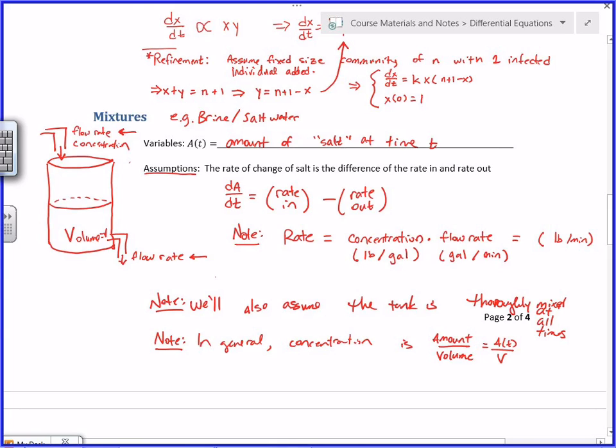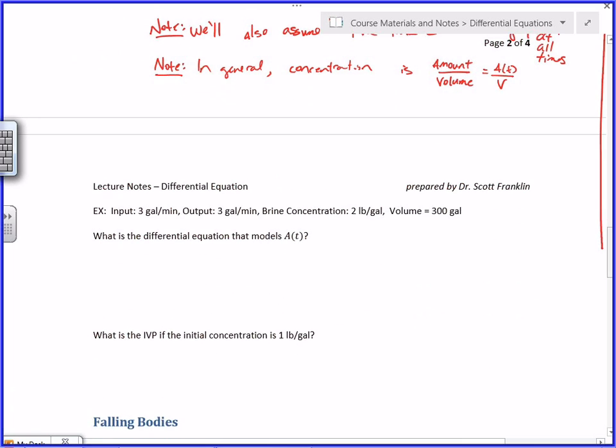That's what you're going to need to find the concentration going out. You'll have a fixed concentration coming in, but going out, it'll be variable because the tank is changing the amount of salt over time. So the concentration in the tank is changing over time. That's this A of t over V. Okay, with that, now we can do an actual example.